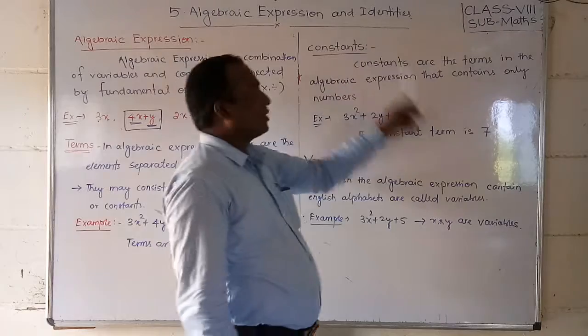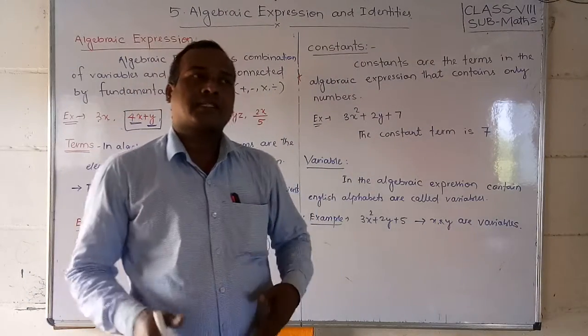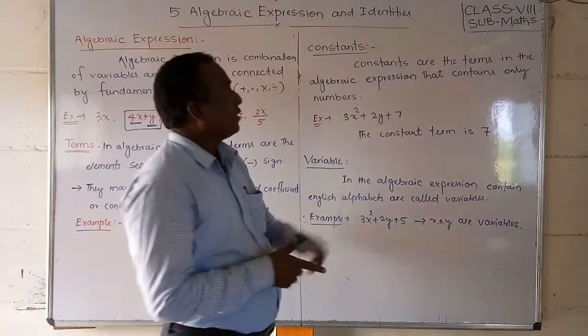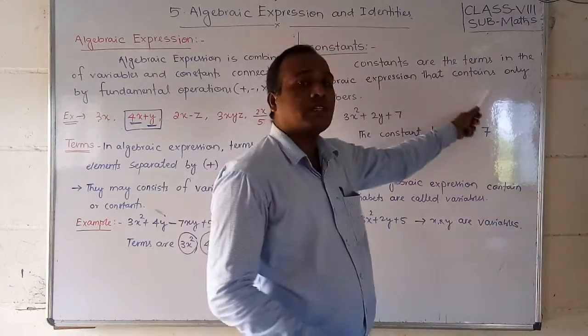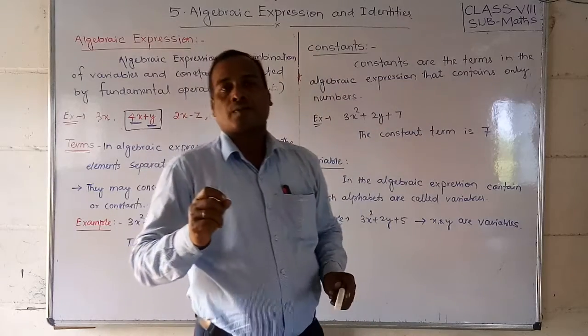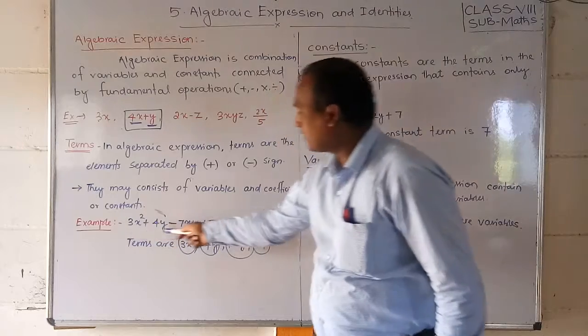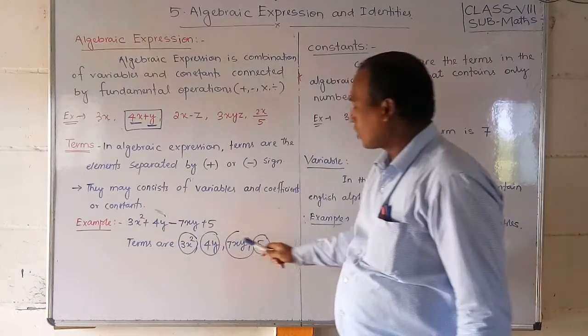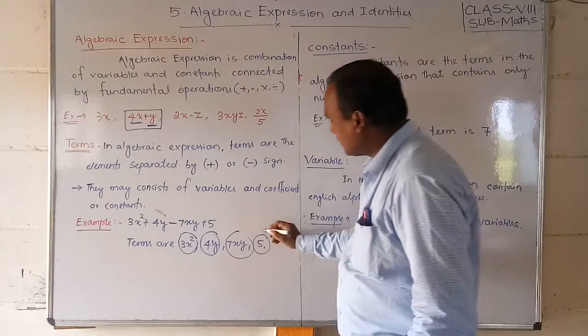Next we will discuss constants, students. What are constants? In an algebraic expression, all the terms are there. Constants are the terms in the algebraic expression that contain only numbers. Observe here, I have written an algebraic expression, and these are the terms. In these terms, which one is only a number? This one.